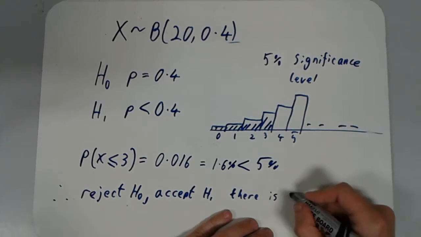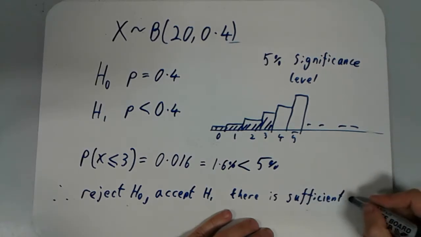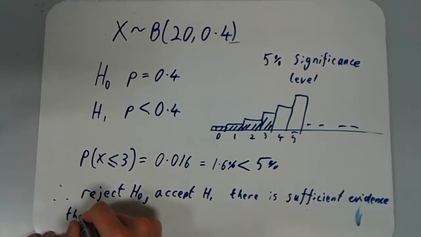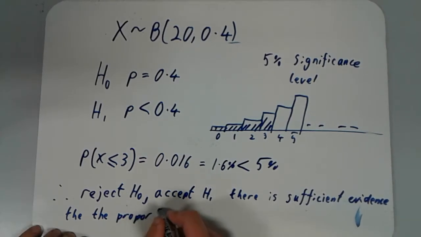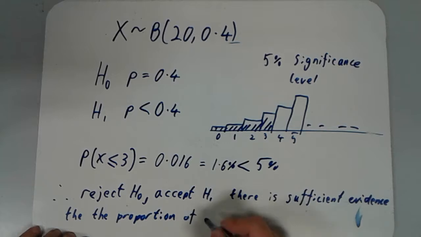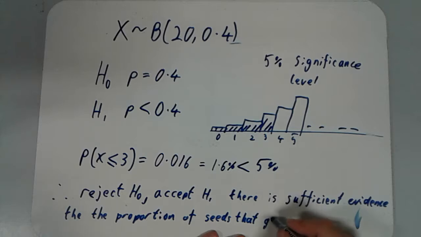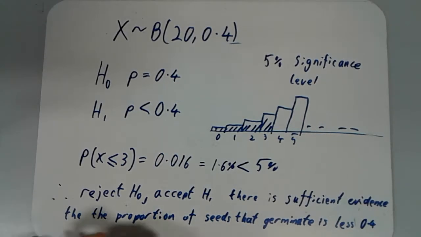There is sufficient evidence that the proportion of seeds that germinate is less than 0.4 or 40%.